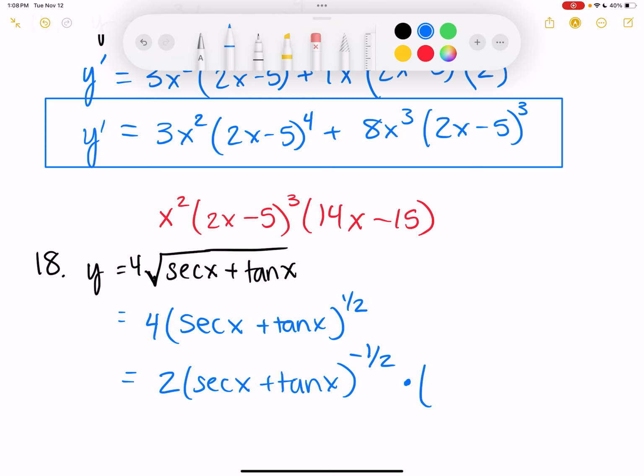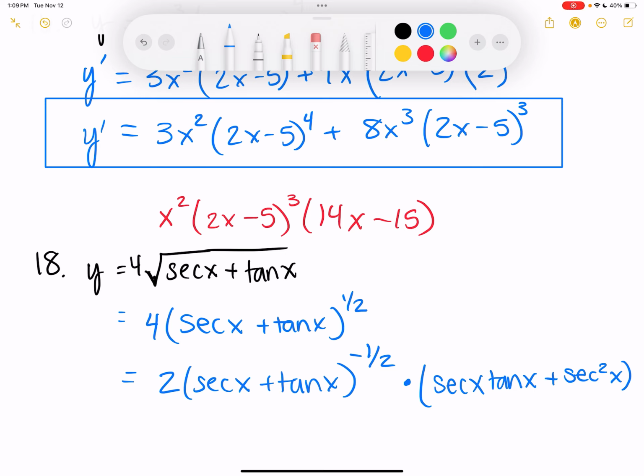Secant of x, tangent of x, plus, no, not negative. It would be secant squared x. Yes. My original answer was tangent squared of x instead of secant squared of x. I wrote the wrong letters.